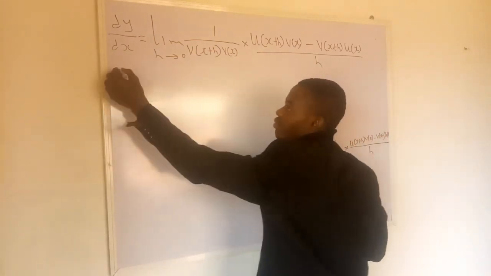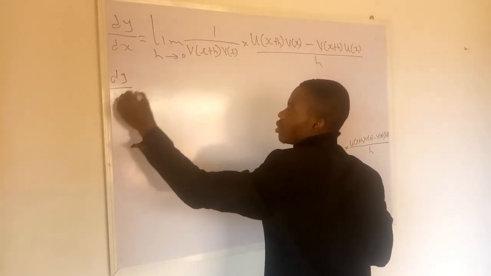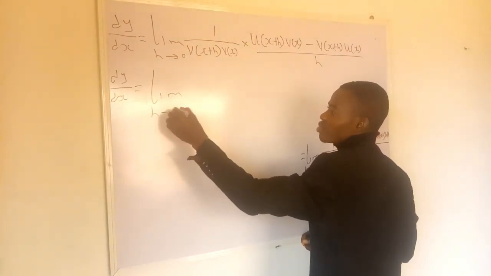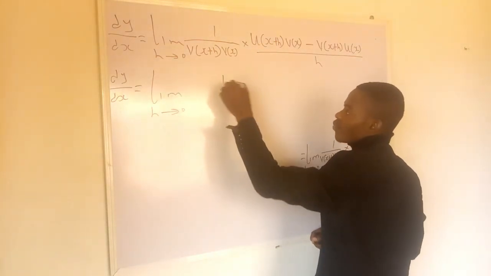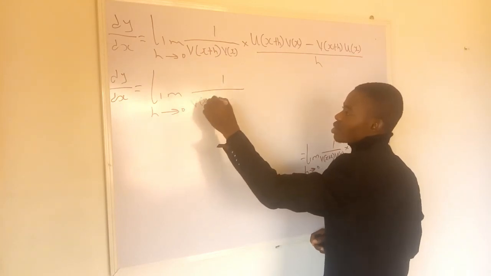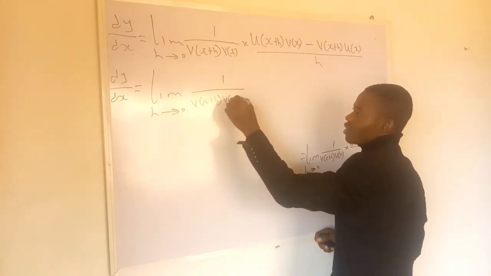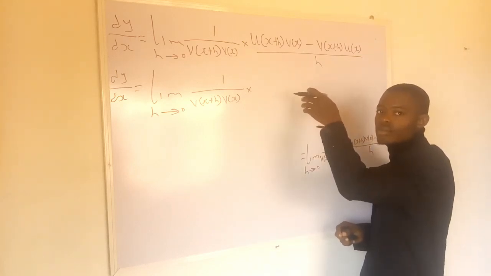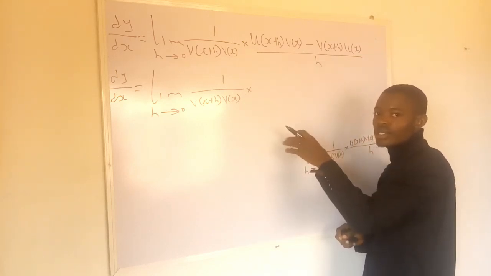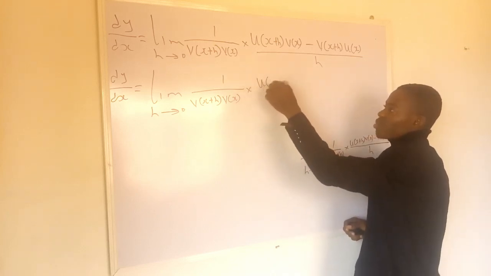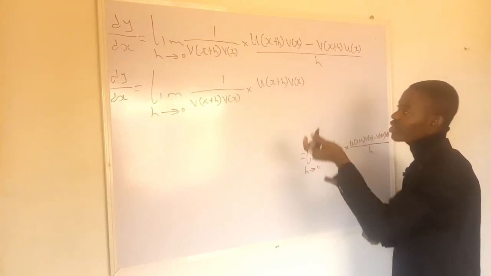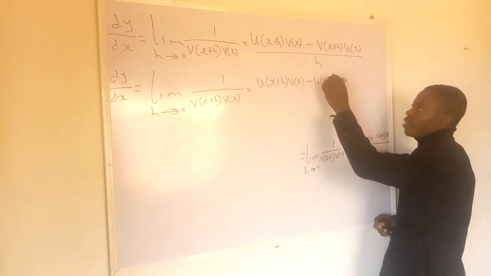Okay, so now we have dy/dx equals the limit as h approaches 0 of 1 divided by v of x plus h times v of x, then multiplied by some adding and subtracting u of x times v of x. So that's u of x plus h times v of x. So I'm subtracting u of x, v of x, minus u of x, v of x.